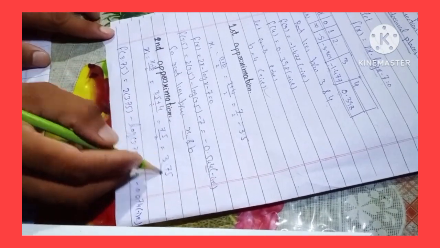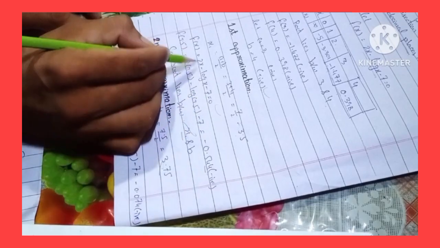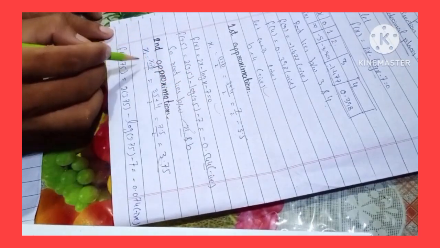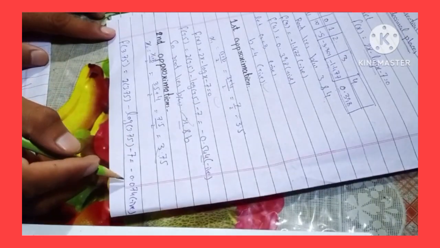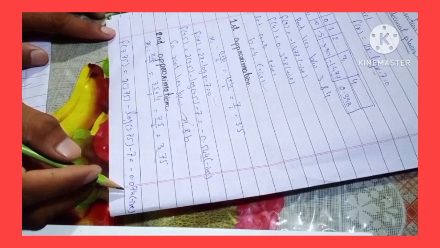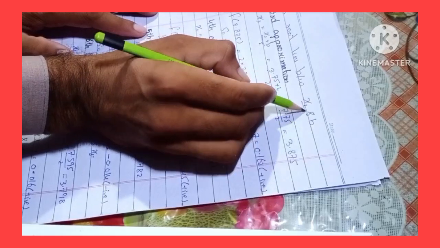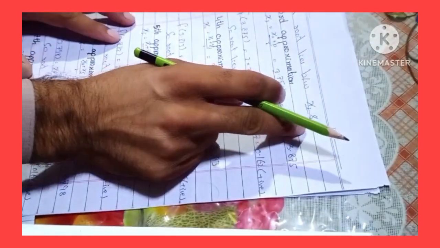Putting this value into the equation f(x) = 2x minus log x minus 7 = 0, its value is again negative, 0.074. So the root lies between x2 and b, because x2 is a negative value and b is a positive value.